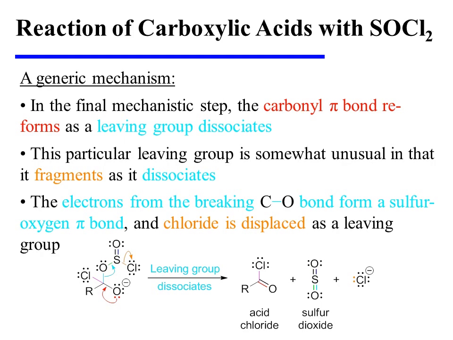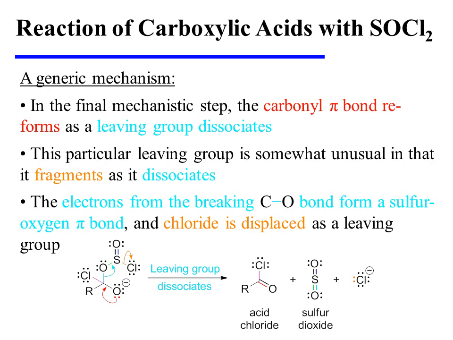In other words, in the final mechanistic step, the carbonyl pi bond is reformed as the leaving group dissociates. Now, this particular leaving group is somewhat unusual in that it fragments as it dissociates.